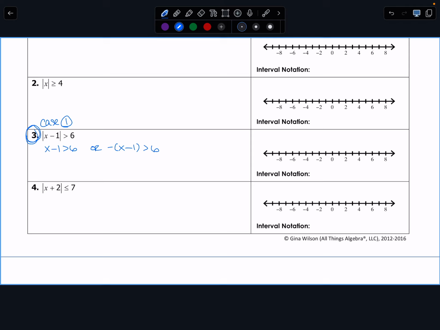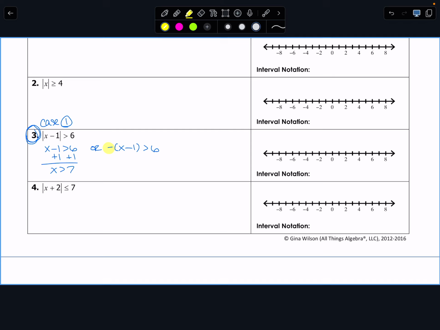Okay, so step 1 is to figure out what case you're doing. Step 2 is to separate them out. The way we separate them out is I copy this exact problem down without absolute value. Then I copy the exact problem down again, except I multiply what was inside that absolute value by a -1. And I solve. And I don't care how you solve. The right one, here's x is bigger than 7. I could either distribute that negative or divide by negative to start off with.